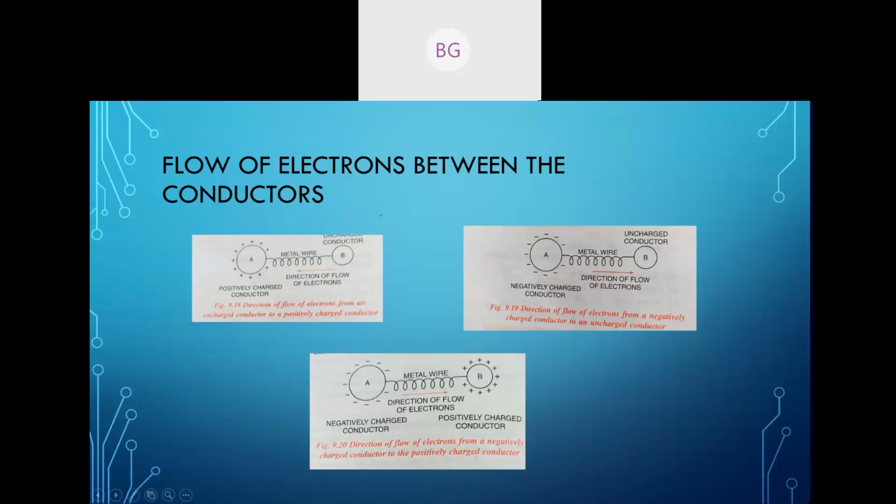So in the second condition we can see we have a negatively charged conductor and an uncharged conductor. Here in conductor A, number of electrons are more compared to protons. So these extra electrons start moving towards the uncharged conductor. So the direction of flow of electrons will be from negatively charged conductor to uncharged conductor. Getting it?